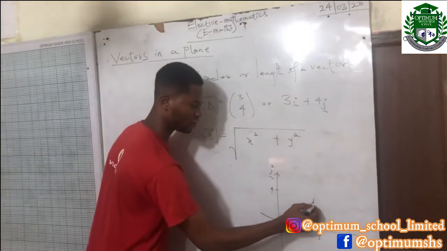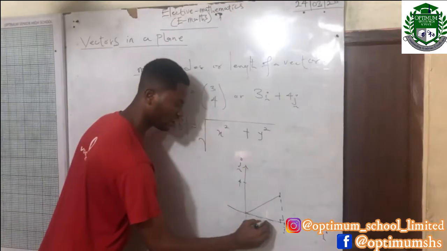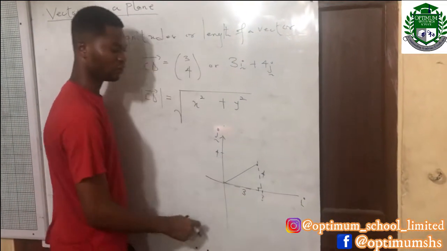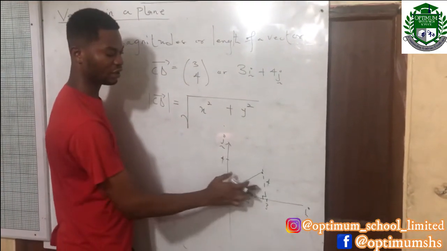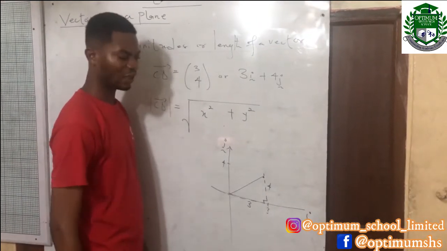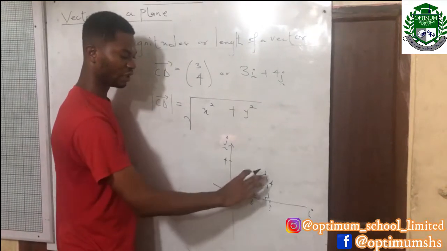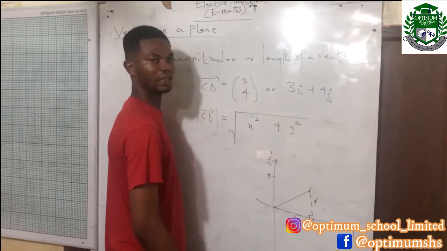I can quickly draw this, and you can see it looks like it's actually a right angle triangle. And then this side becomes my hypotenuse since it's directly opposite to the 90-degree sign here. And right from here, we can use the Pythagoras theorem to get the magnitude of this. From the Pythagoras theorem, the square of this is equal to the sum of the squares of the other two sides.